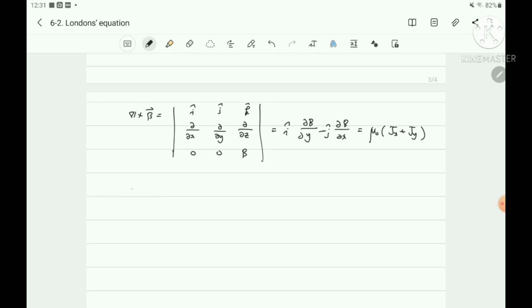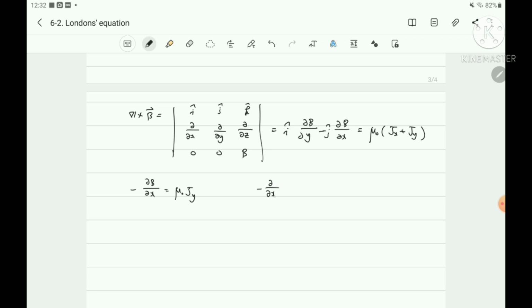Therefore, minus partial B partial x is mu 0 Jy, because the magnetic field has an exponential behavior.